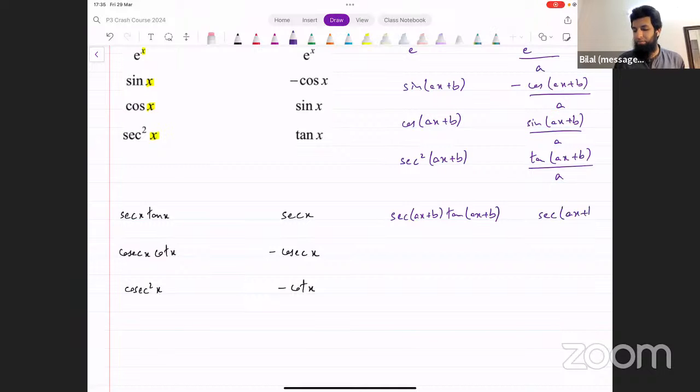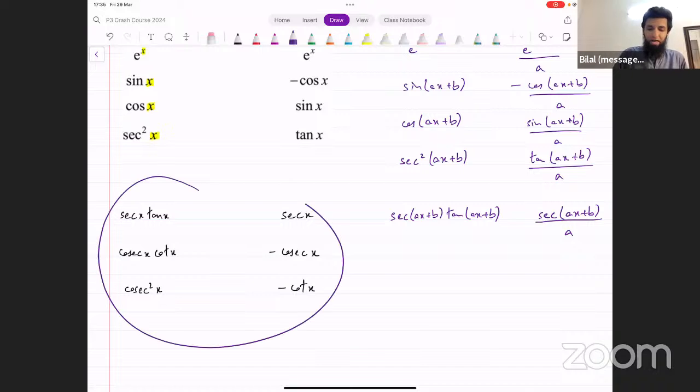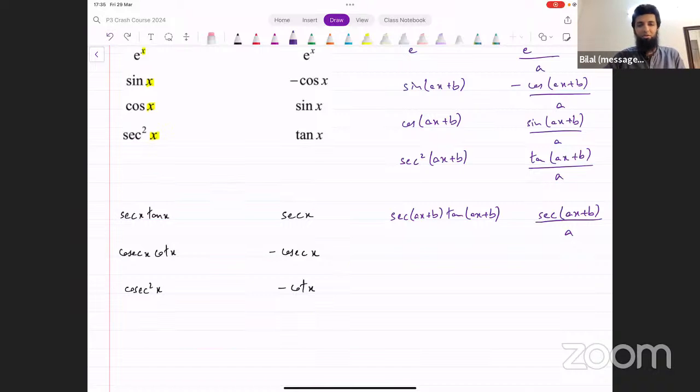Secant of ax plus b divided by a. So you could use that rule the same way here as well. This is the rule that you understand from the differentiation formula sheet. In place of x, if you have anything else, you just divide by the derivative of that thing as well. The rest of the rule works the same way as before.